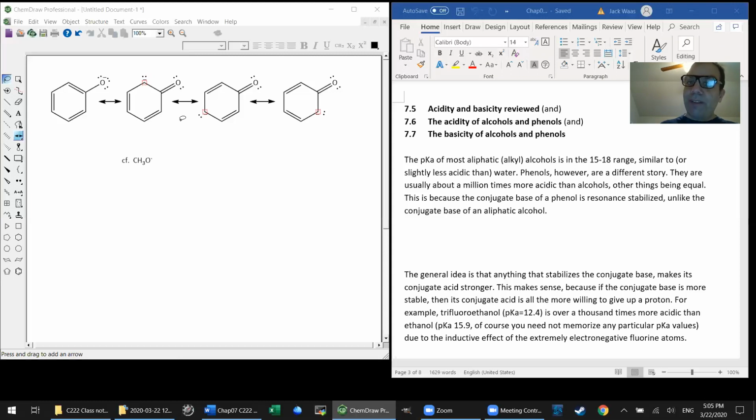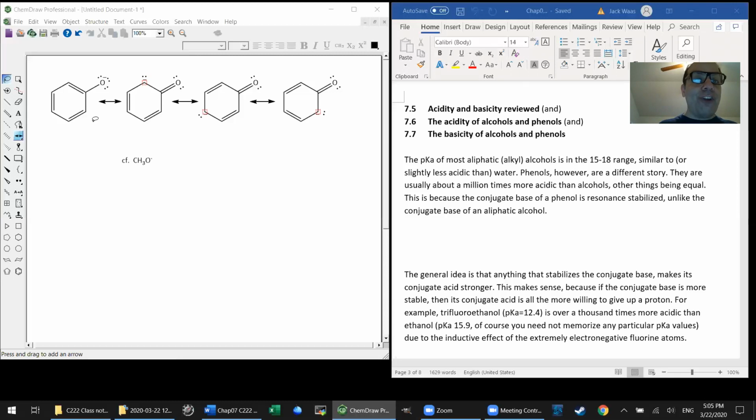And remember, when it comes to negative charge, the old idea of like charges repel. Anything we can do to spread out the minus charge so that it's not concentrated in one area is going to make the species more stable. And that's always going to be the case.